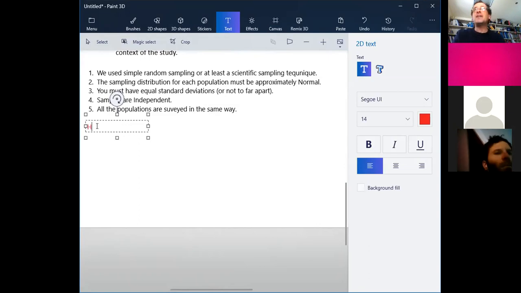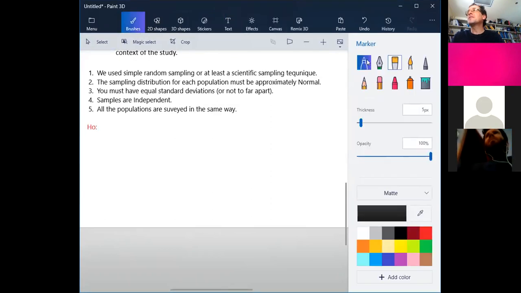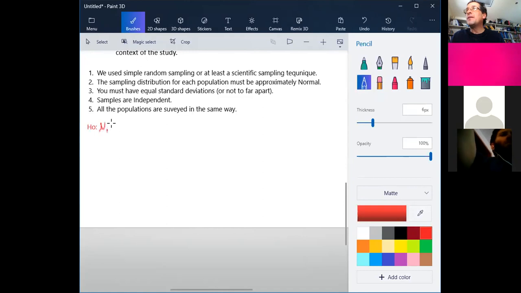So we're going to have H naught. In this case, symbols for H naught. So let me go to brush. See how this looks. It's going to be mu1 equals mu2 equals mu3 equals mu4.